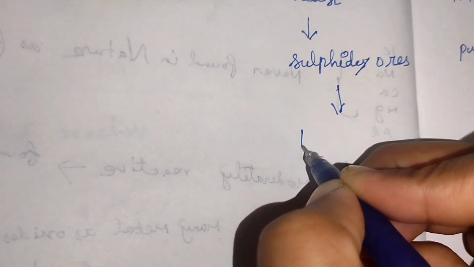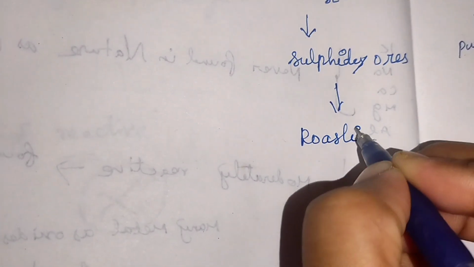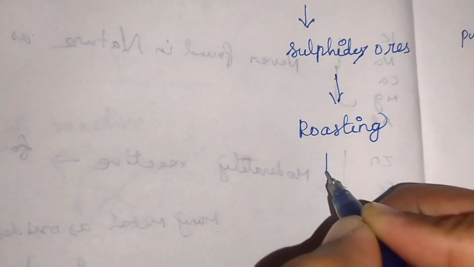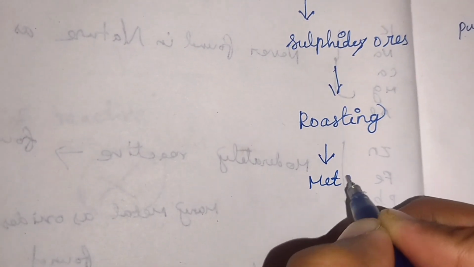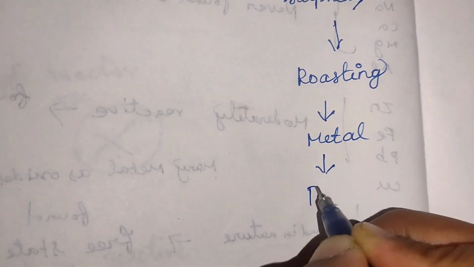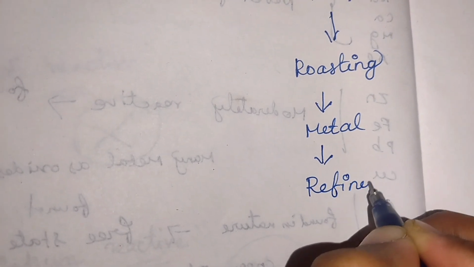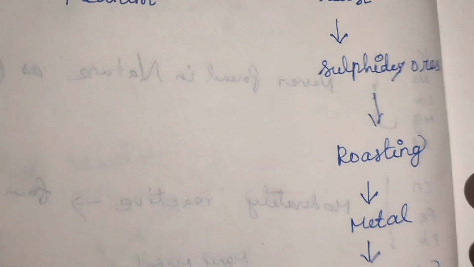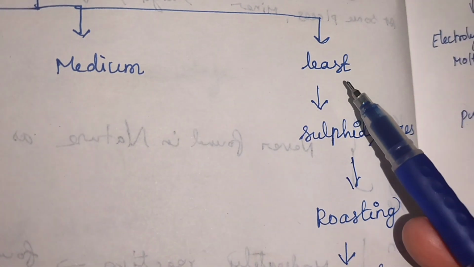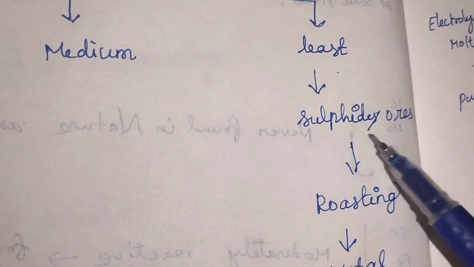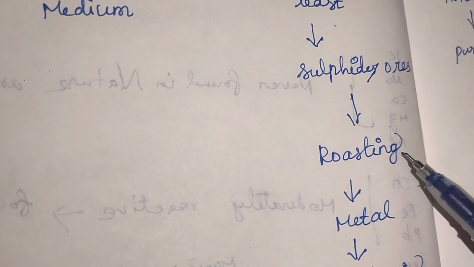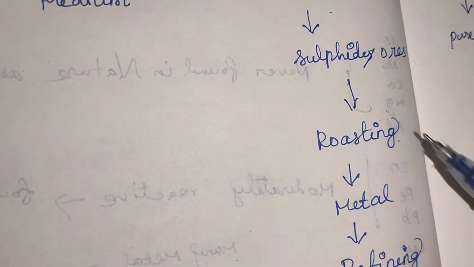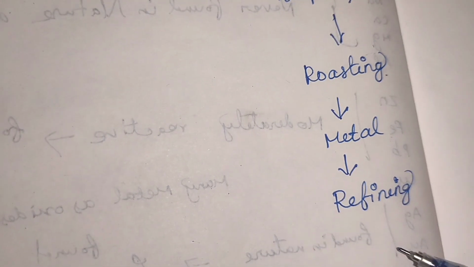Roasting process. After we get that metal, to purify the metal we do refining. So we take sulfide ores, the roasting process happens on them, then we get the metal, and after that we do refining.